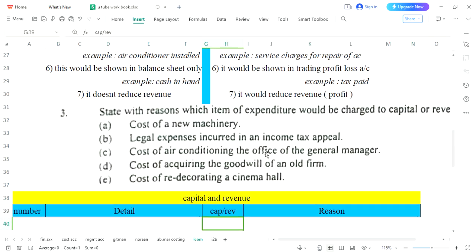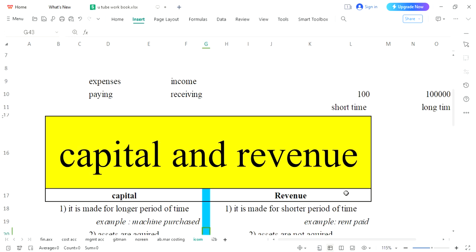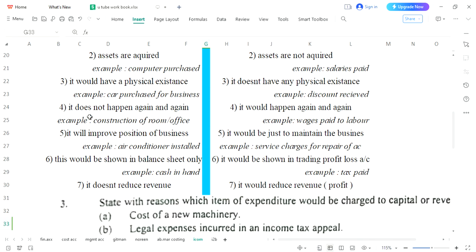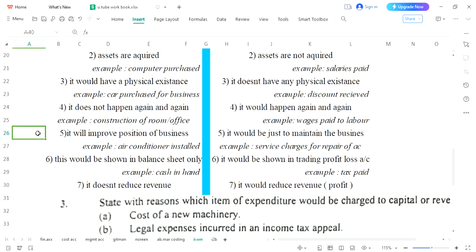Simply, we will be writing the number and the detail which is given in your question. Then we will decide whether it is capital or revenue. Then the reasons which we have already discussed, we will pick some of the reasons from here and write at this spot. So we are now open to start our question.